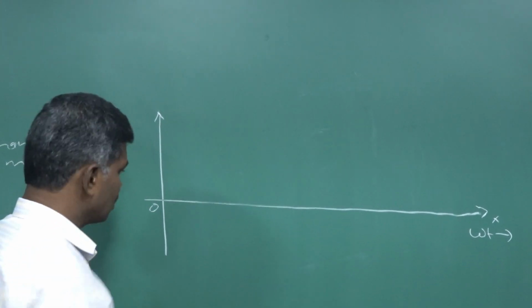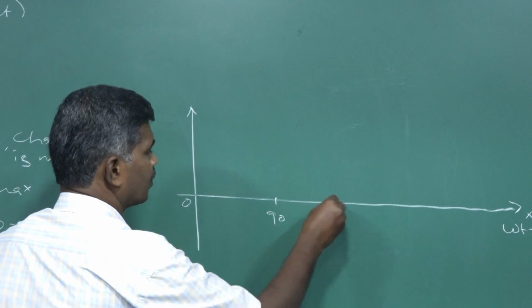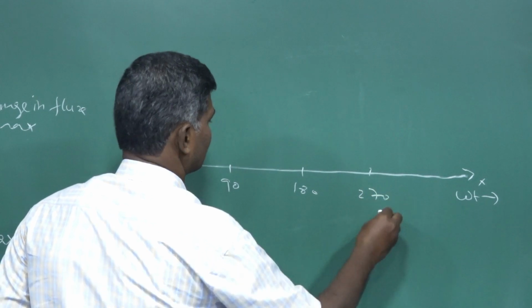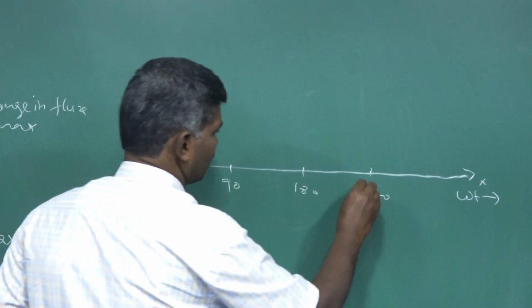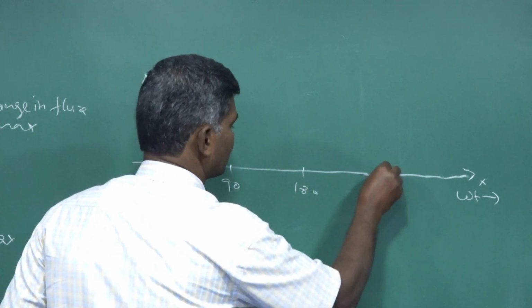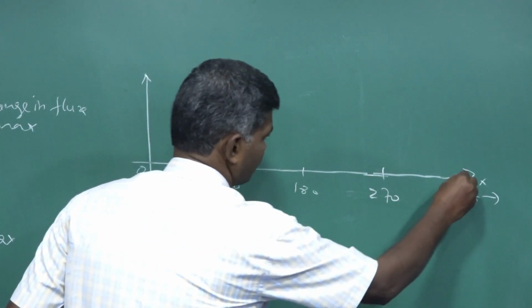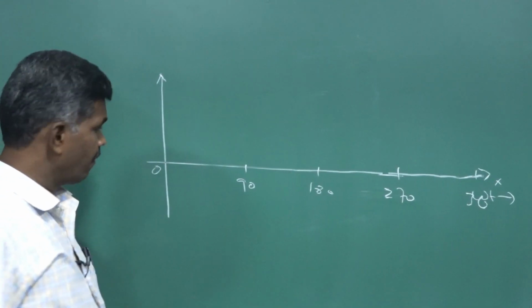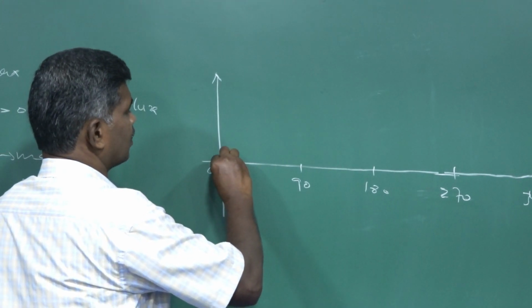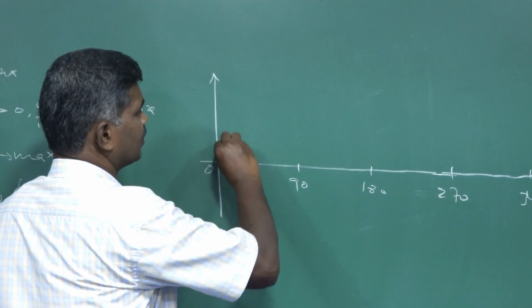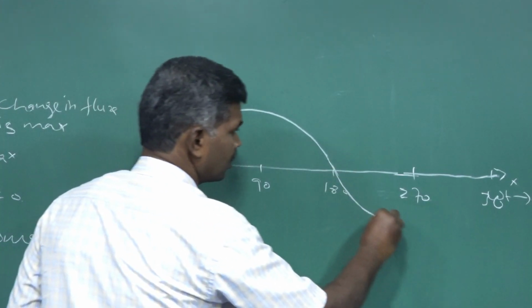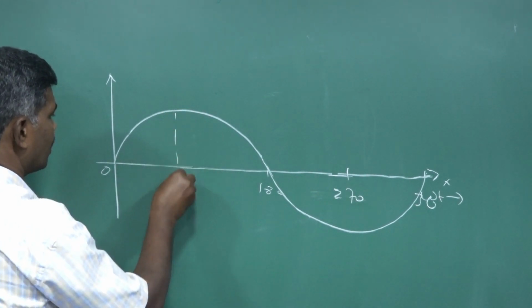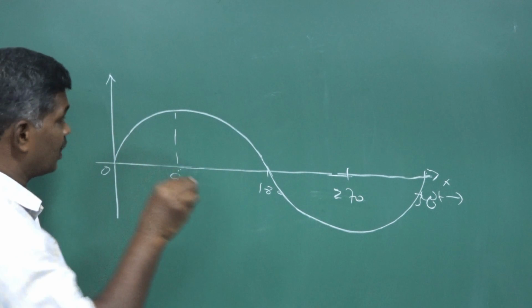The angles we have used are 0, 90, 180, 270. Place the lines equally, then only can we draw the diagram very neatly. This is 360 degrees. Based on these values, we can trace the waveform, which is sinusoidal in nature. And at each position we can take the magnetic field.